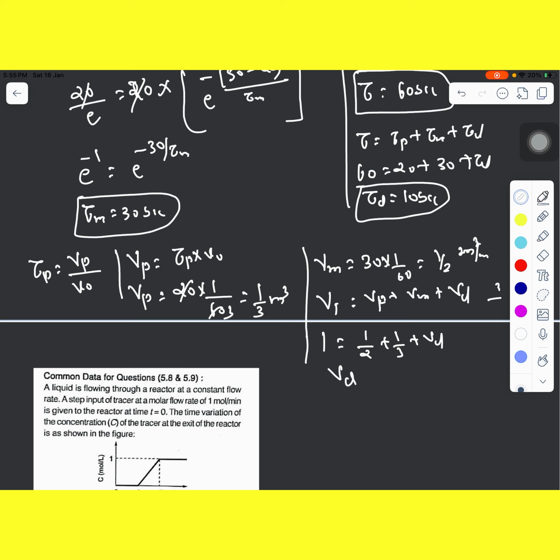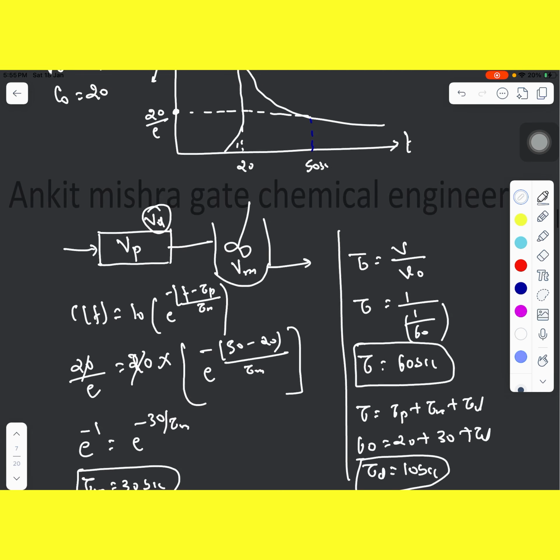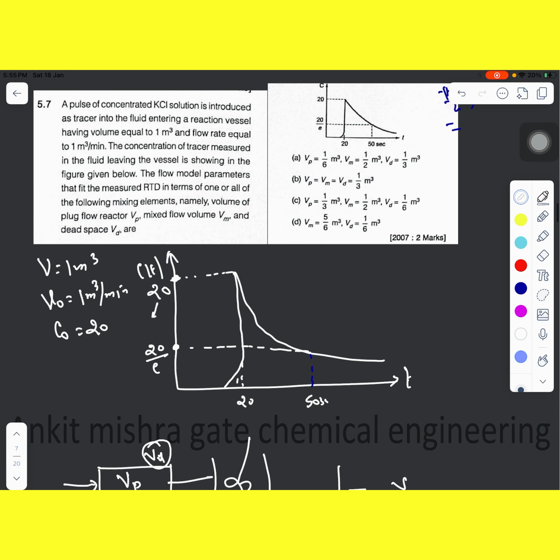The value of VD will be equal to 1 minus (1 by 2 plus 1 by 3). Once you calculate this, VD will be equal to 1 by 6 meter cube. So you have calculated VP, VD and VM. And now you can go to the options and check that option C will be your correct option.